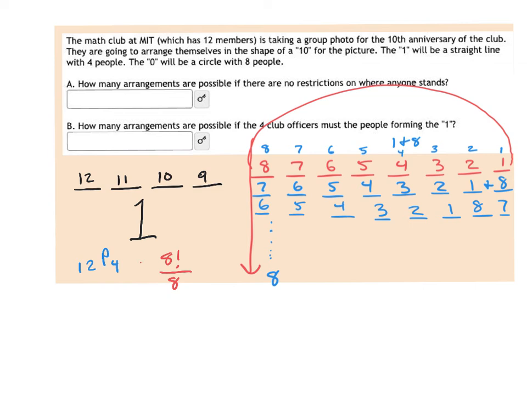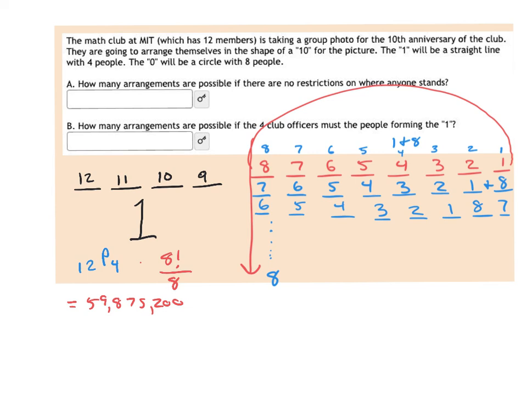So then we want to multiply those two together and see what we get. And we get a total of 59,875,200.